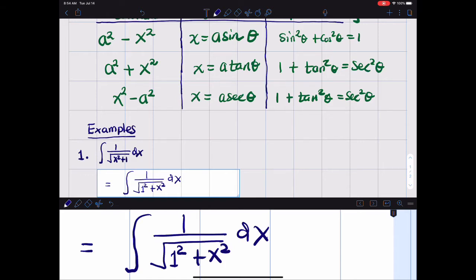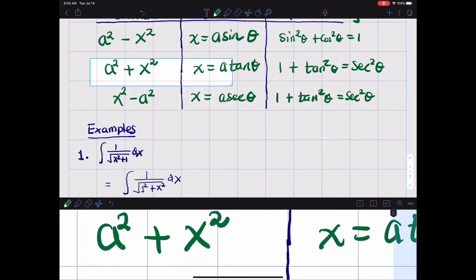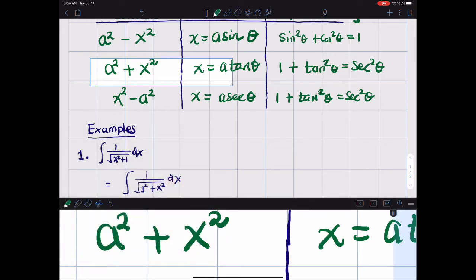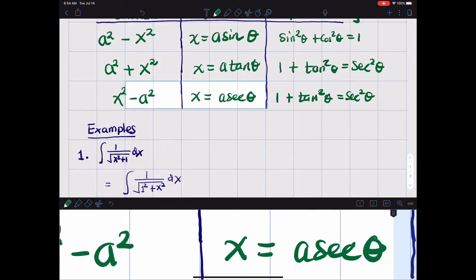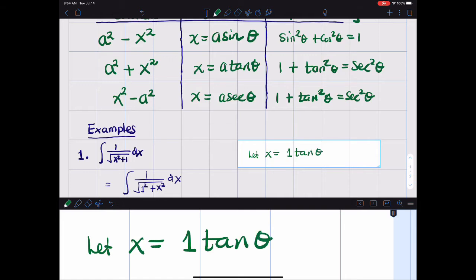So let's do our trig substitution by the side here. All right, so we have a squared plus x squared. So we're going to use a tangent of theta as x. So we're going to say let x be equal to a, our a is 1, tangent of theta.